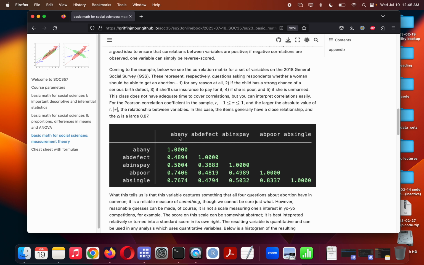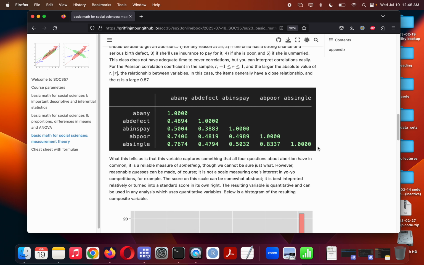So in this case, you can see that the items in this matrix generally have a close relationship, meaning that a lot of their variance is shared, and consequently the alpha, the proportion of a composite variable consisting of someone's score on these 5 items, generally the variance of that composite variable, which we can generically just call Z, or maybe we should call it simply something like A for clarity, that composite variable A has a variance which is largely due to shared variance between these 5 variables.